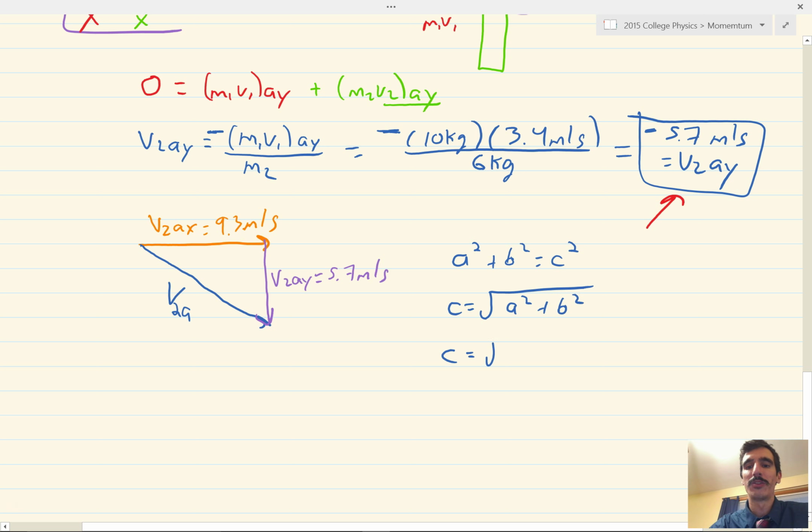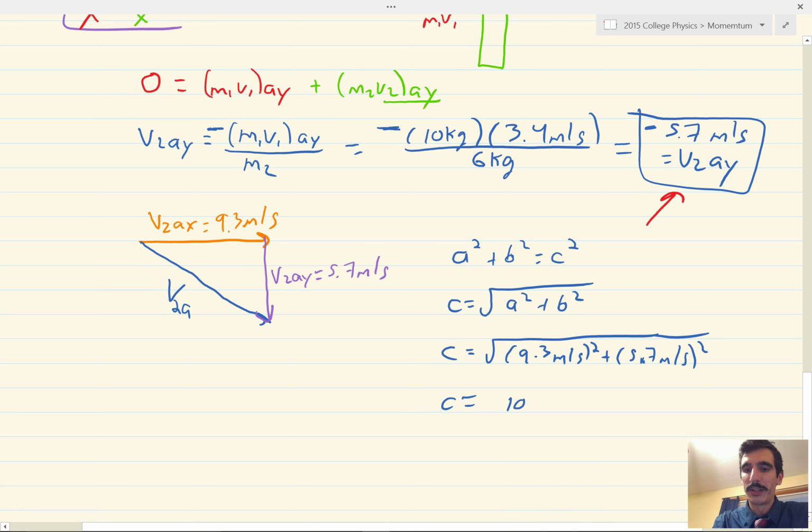Plug in our velocities in x and y direction. 9.3 meters per second, quantity squared, plus 5.7 meters per second, quantity squared. Plug that in our calculator and we get a speed of 10.9 meters per second.